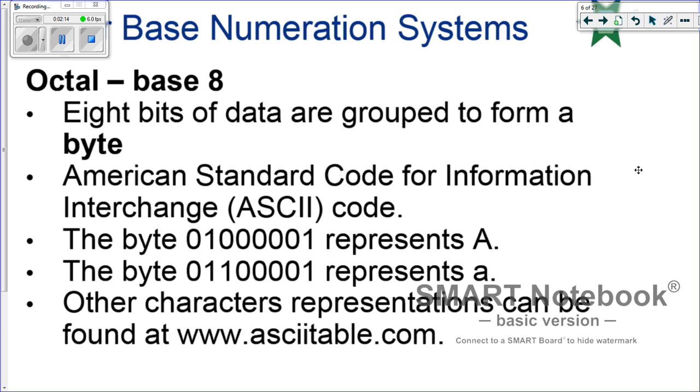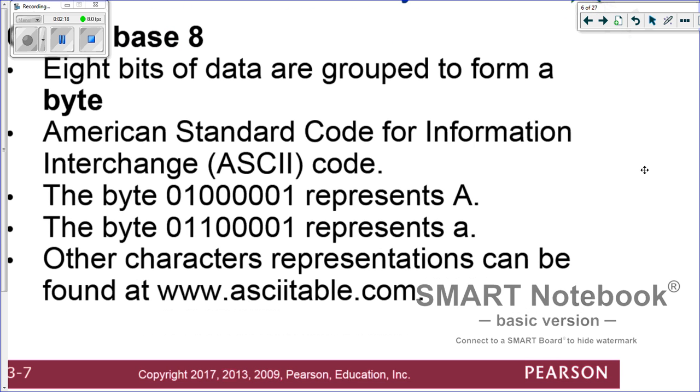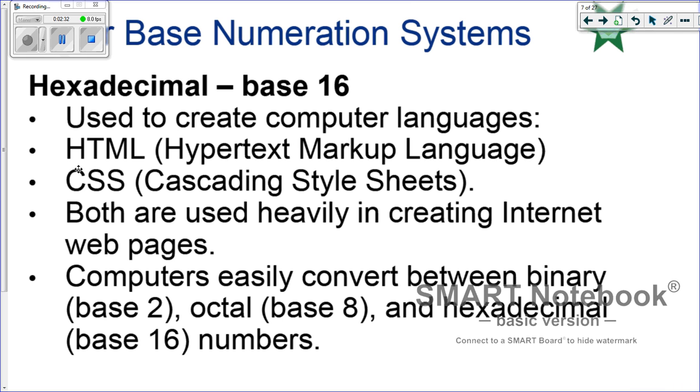Base 8 is 8 bits, and that's 1 byte, and that's how they change things that we type from the letters into binary code. And base 16, I'm sure you've seen, is used in computer language. I'm sure you use HTML, a lot of things done on the internet, and the web pages are using base 16.